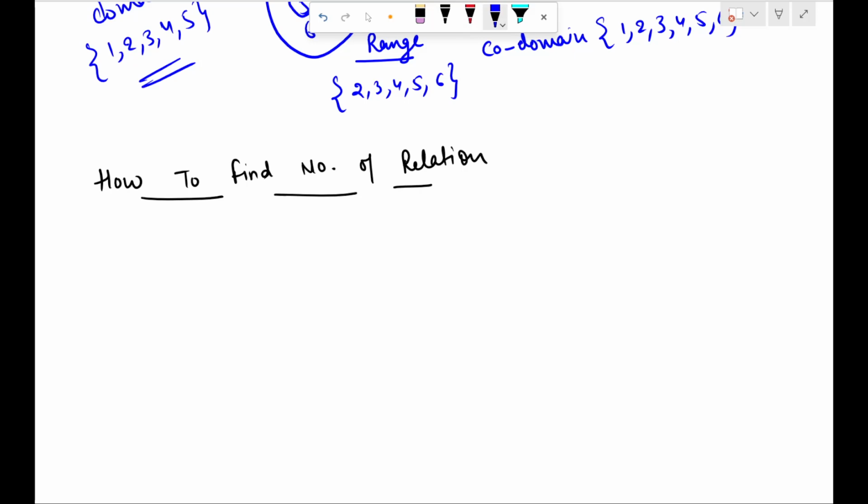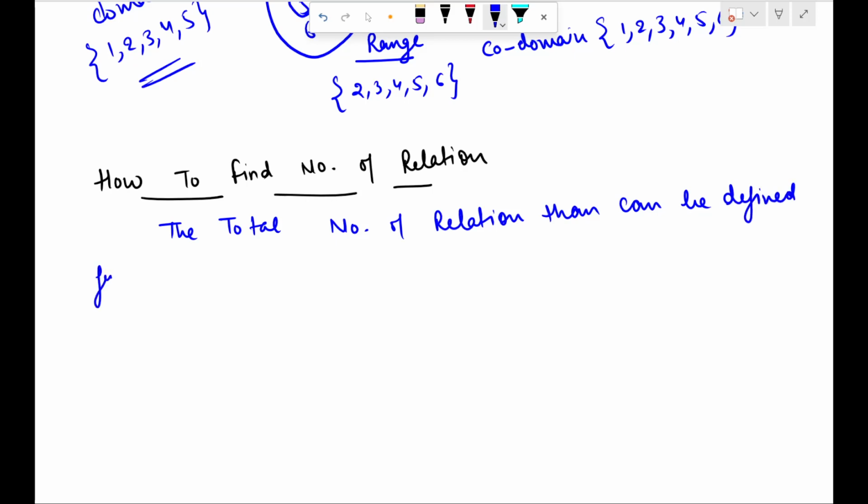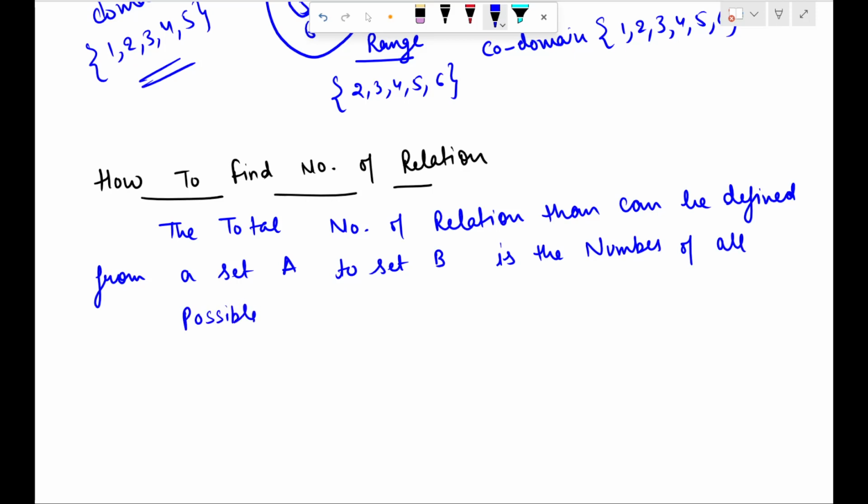The total number of relations that can be defined from a set A to set B is the number of all possible subsets of A cross B.